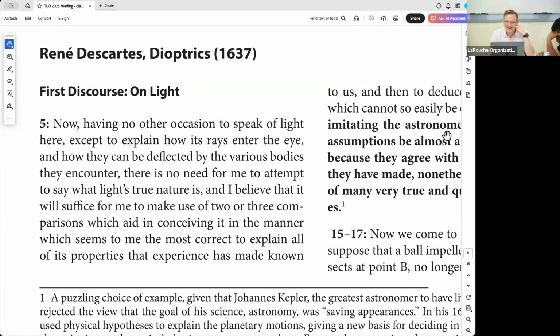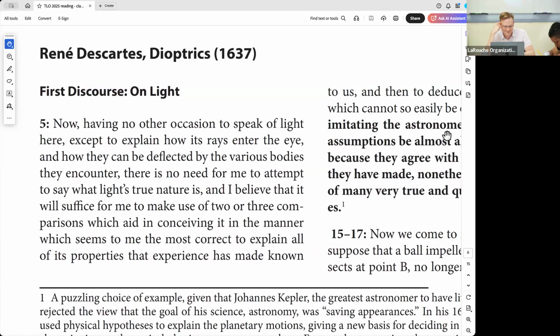First discourse on light. Now, having no other occasion to speak of light here, except to explain how its rays enter the eye and how they can be deflected by the various bodies they encounter, there is no need for me to attempt to say what light's true nature is.